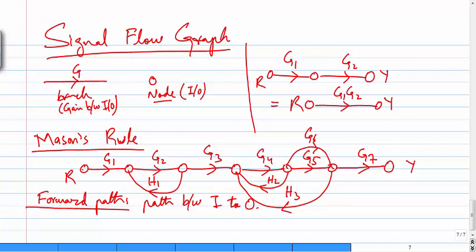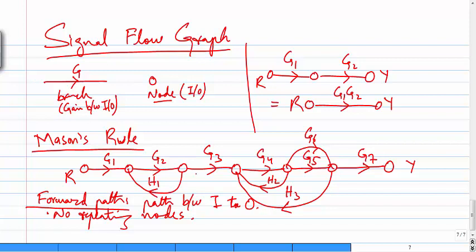If I start from R, I traverse through G1, G2, G3, G4, G5, G7 and output. This is one path. Second path: G1, G2, G3, G4, and then G6, then G7, and reach the destination. There is no repeating node in a forward path. So there are two forward paths.